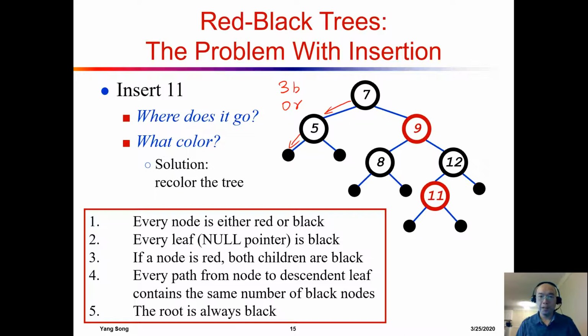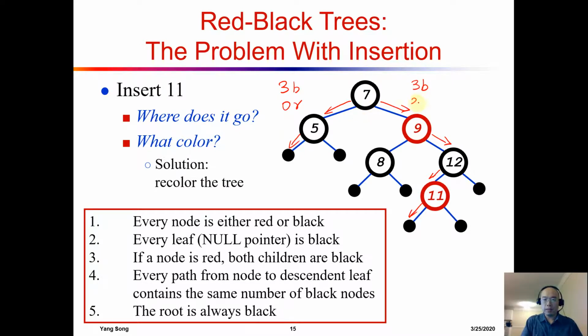So let's take a look at the longest path. The longest path should be 7 to 9, 9 to 12, 12 to 11, and 11 to this nil. Okay, so if we count the number of black nodes, that is 3 blacks, right? And how many red do we have?